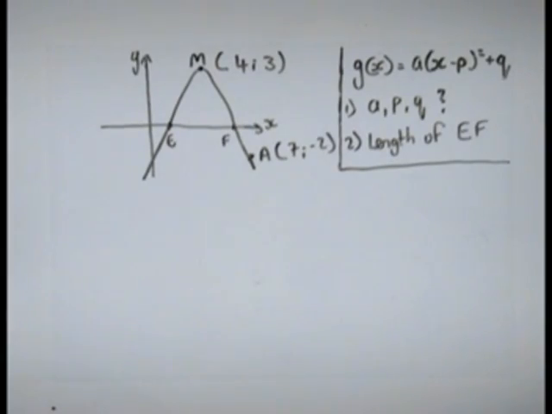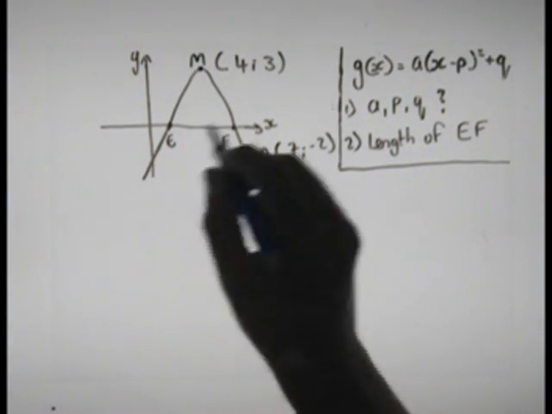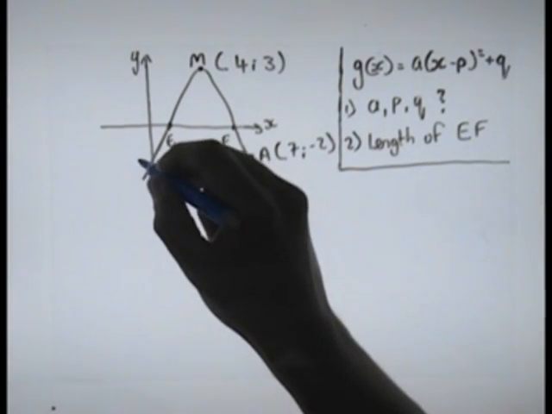We are now going to look at moving in the opposite direction. That is, from the graph onto the equation. The example I'm going to look at is the equation g of x is equal to a(x minus p) squared plus q.